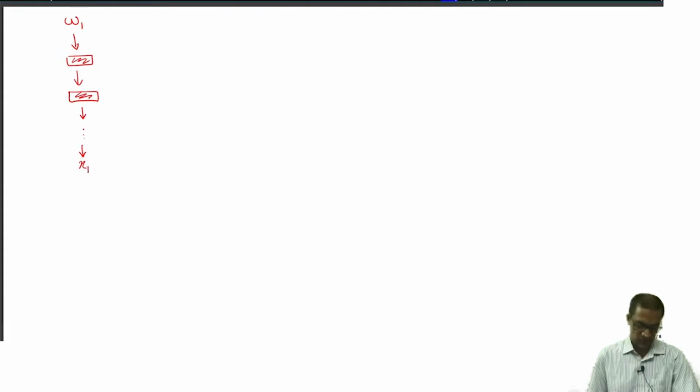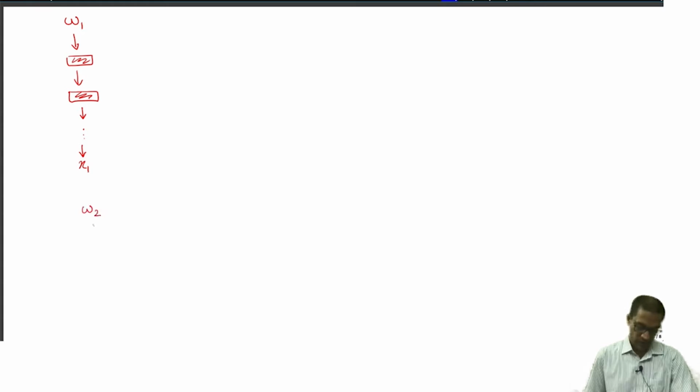So step 1, I start at w1, okay, and I use my basic rewriting rule. I get some word. I use again one of the other rules, it becomes some other word, etc., till I finally am able to reach x1. Okay, this is what it means to say w1 and x1 are equivalent to each other. Okay, similarly I have w2 and x2.